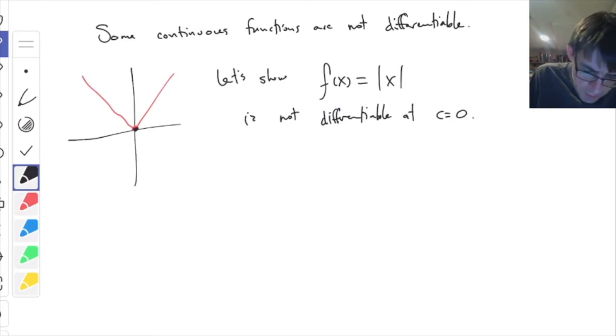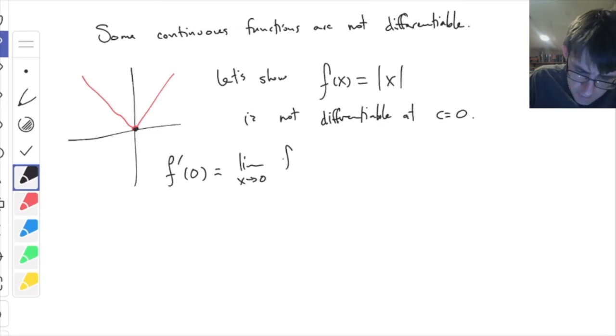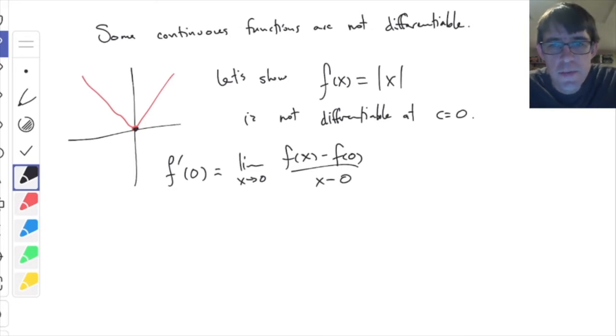So the derivative, if it did exist, which it doesn't, f prime of 0 would be, in this case, the limit as x goes to 0 of f of x minus f of 0 divided by x minus 0. I'm using the definition of the derivative: the limit as x goes to c of f of x minus f of c over x minus c, using 0 for c.